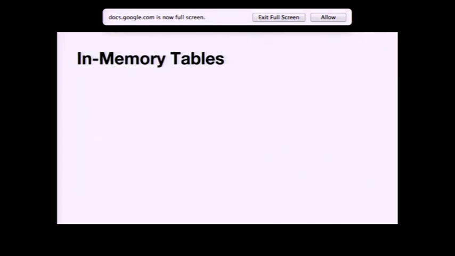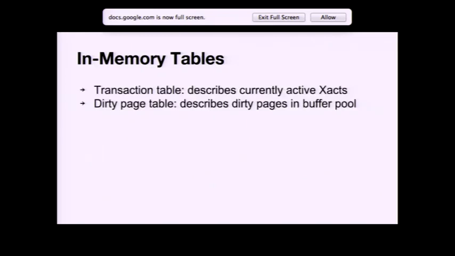Whenever we're logging all these actions to the log on disk, we're also maintaining some data in memory. We have 2 tables called the transaction table and the dirty page table. The transaction table describes all of the transactions that are currently active, currently running in the database. The dirty page table describes the dirty pages in the buffer pool.